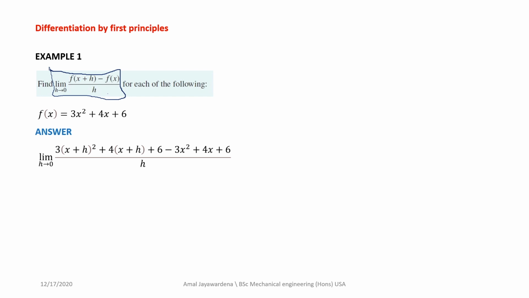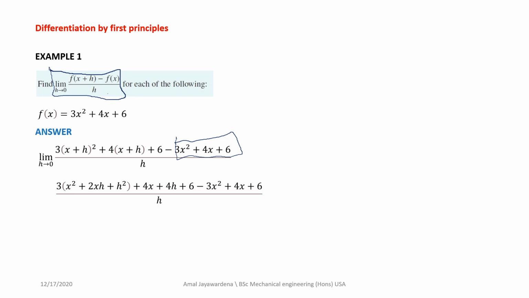We have to treat x as an individual variable. So now it's not just x, it is x + h. Every time you see an x, it's going to be x + h, plus 6, minus f(x). So you're just going to rewrite this function again here, divided by h. And then we're going to simplify this.